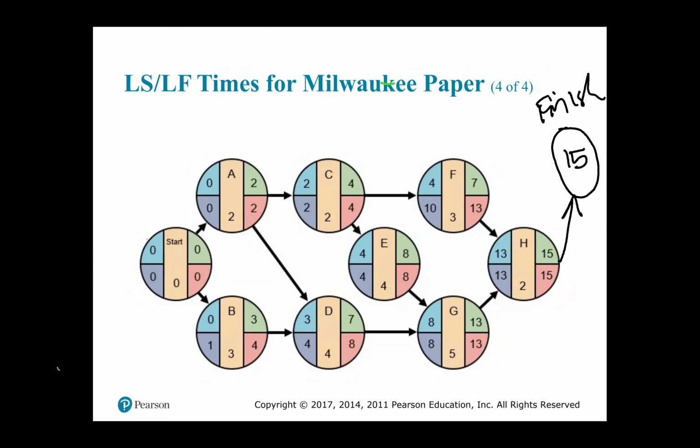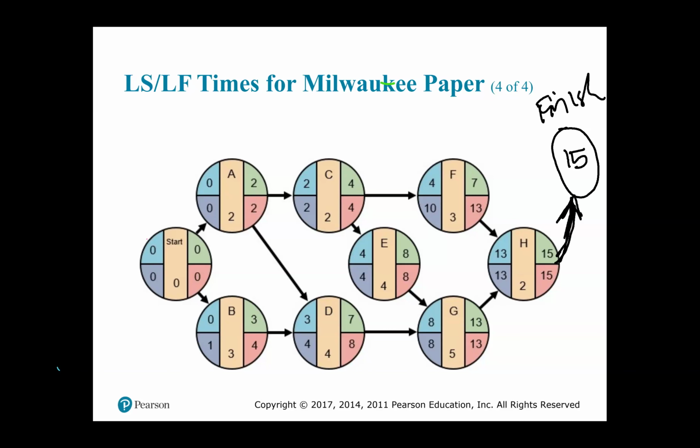Finish with my 15 in it, okay? And so this is a complete look. Well, let me rephrase that. This is a look at the completed backward and forward pass.